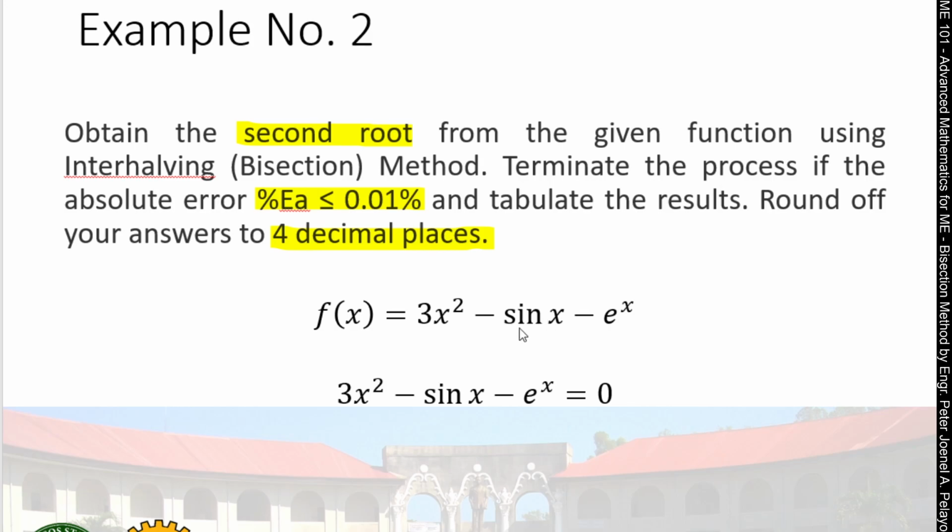Pag nag-substitute ka sa trigo function, kahit anong sine, cosine, dapat tatandaan nyo, naka-radian yung calculator nyo. Pag nag-substitute kayo ng values ng x to the sine, dapat naka-radian. Okay? Hindi dapat naka-degrees yung calculator nyo. So, lahat naka-radian. And then, yun na, exponential. So, minus e^x.